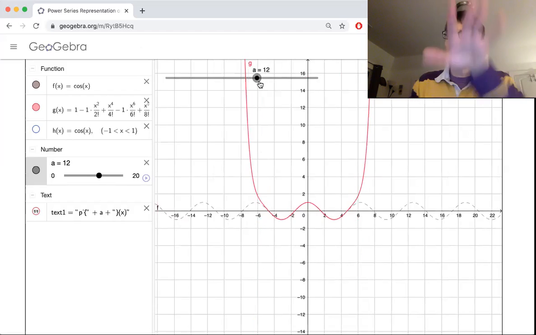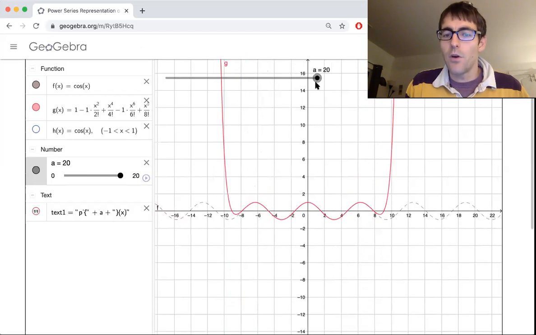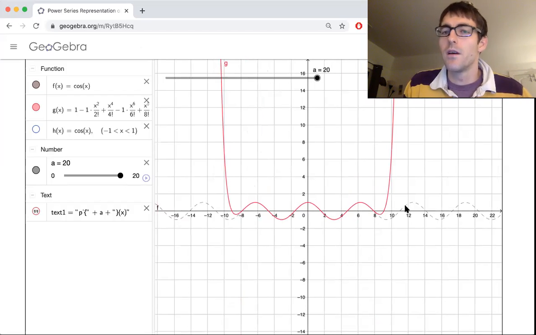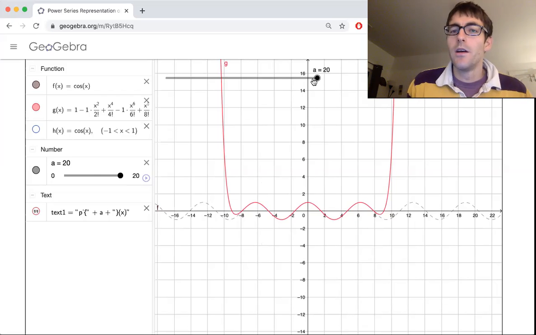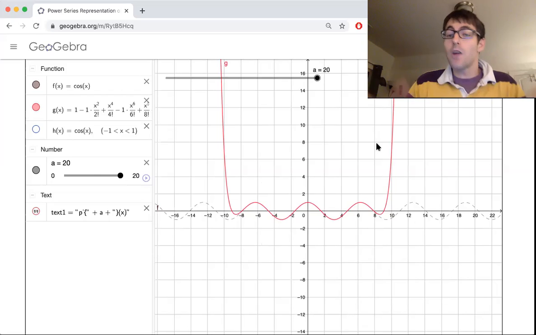We get multiple components of this cosine curve, about 3 or so periods of this periodic function. This goes up to a 20th degree polynomial. You can imagine if we kept going, this would get closer and closer.